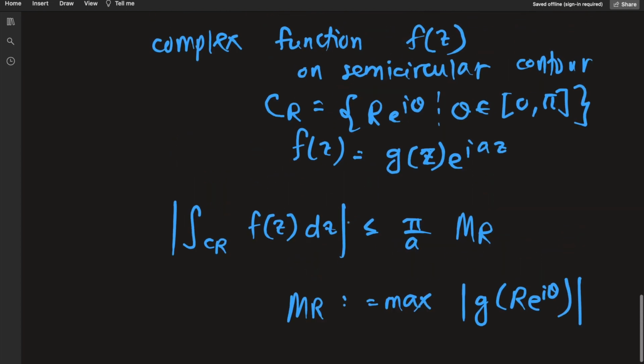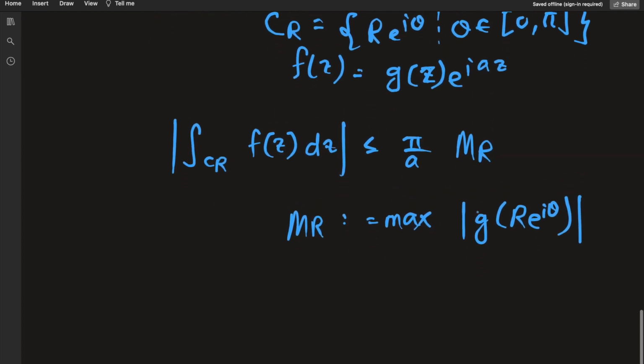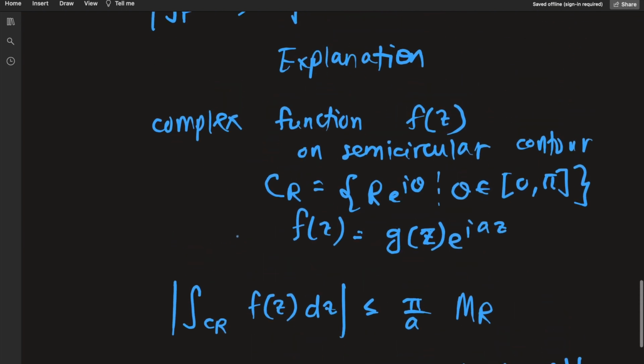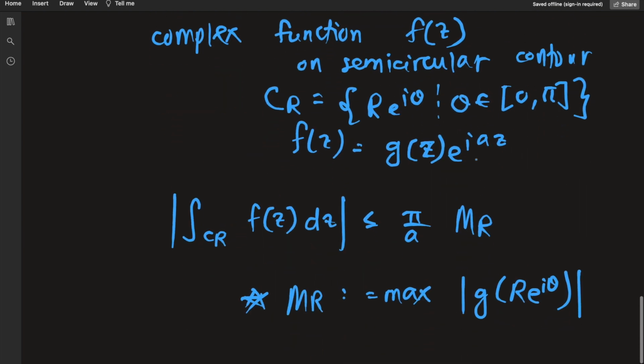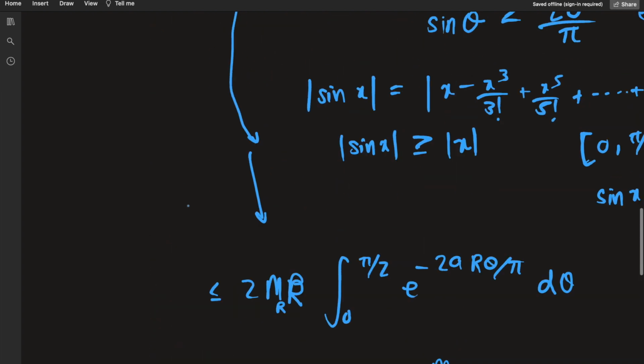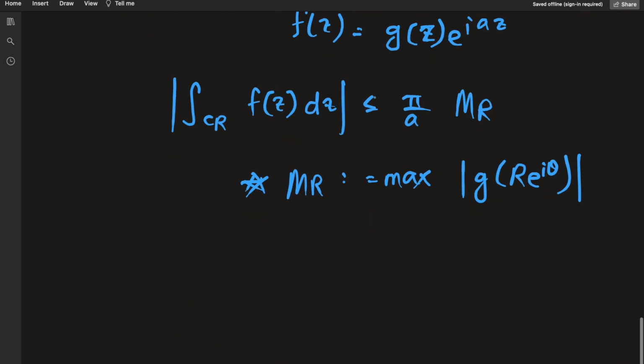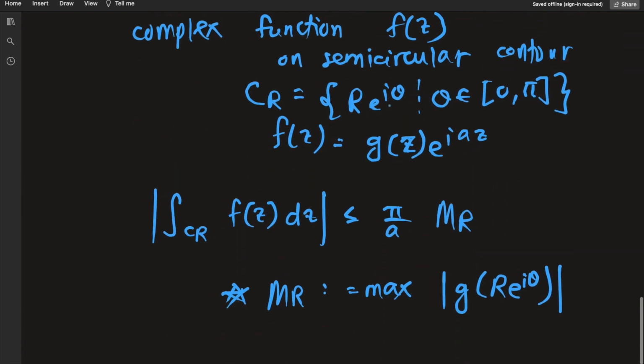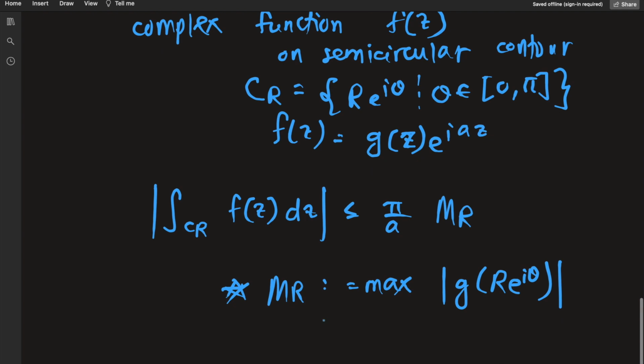Well, assuming g of z satisfies this condition over here, we can directly, without any hesitation, just reduce this expression, without showing all these steps, into this guy. That's what Jordan's lemma guarantees. We just need to satisfy this one condition.